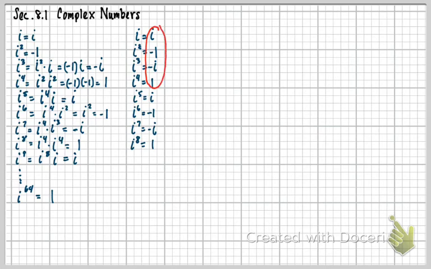So I'm going i, -1, -i, 1. i, -1, -i, 1. So that's the pattern I'm looking at here. So every multiple of 4 for my exponent is going to be back at 1 again. So i to the 64th is a multiple of 4, so that's going to get me back to 1.